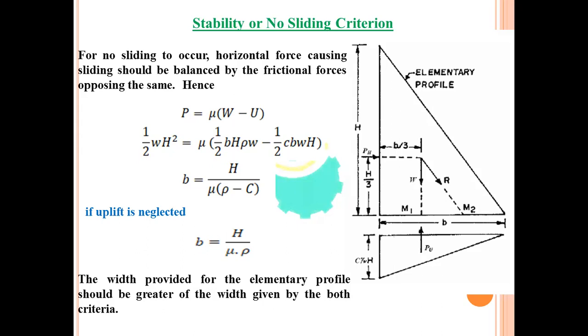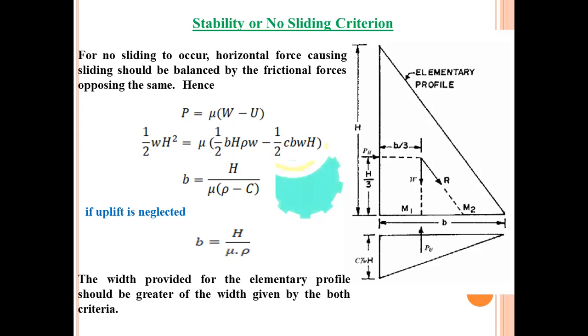For that purpose, we must consider P equals mu into W minus U. That means water pressure equals mu, the frictional coefficient, into W, the weight of the dam, minus U, the uplift force.